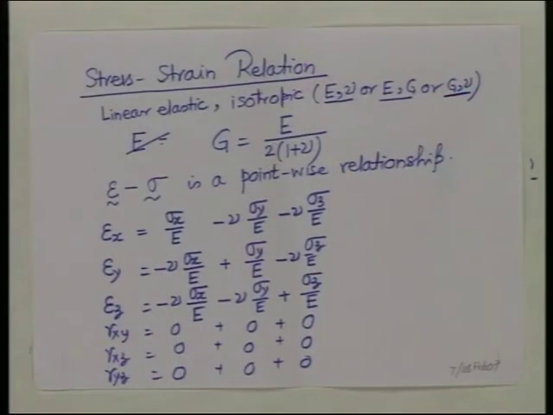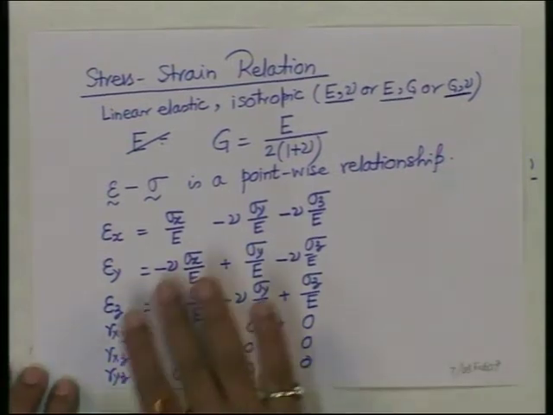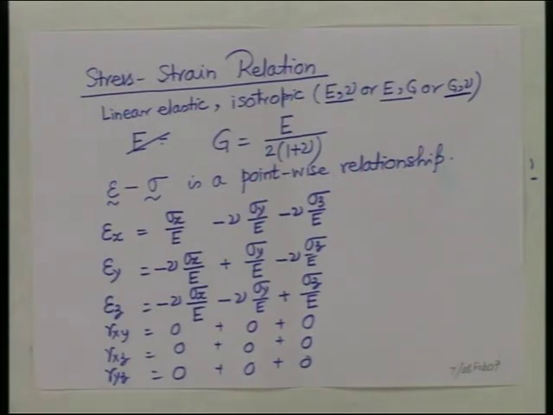This I have already told you, but in a general three-dimensional state of stress, when all the 6 stress and 6 strain components are present, the pointwise stress-strain relationship can be written like this through superposition. You should know how to write it through superposition.